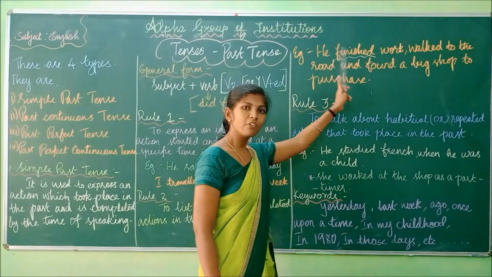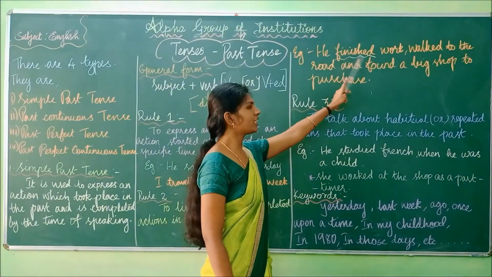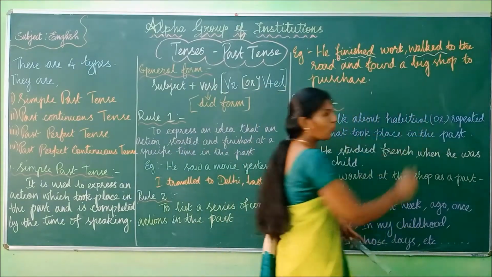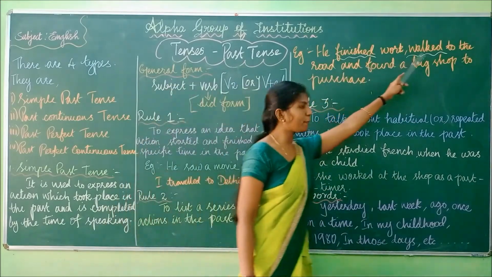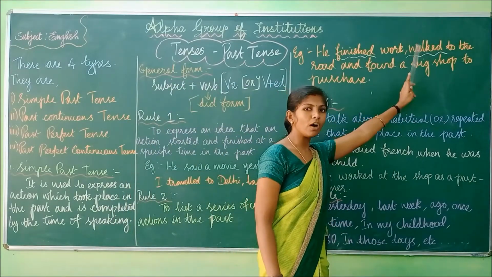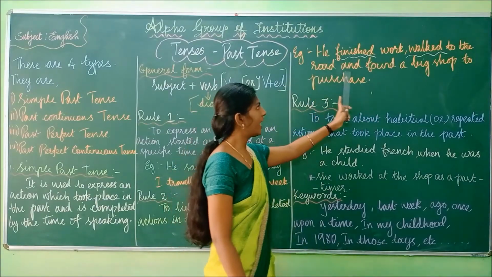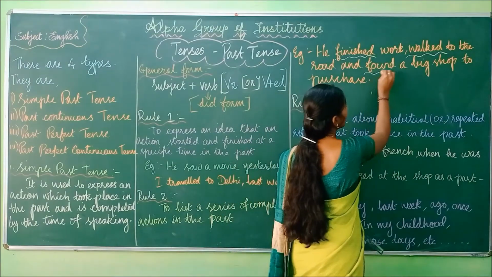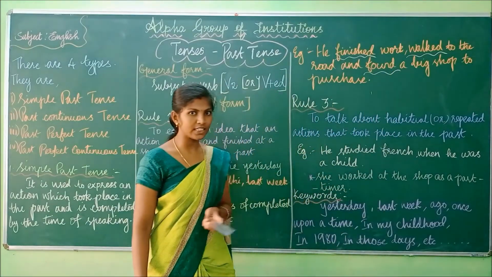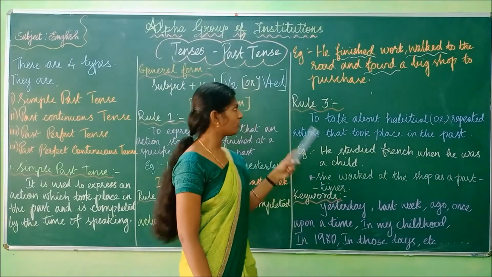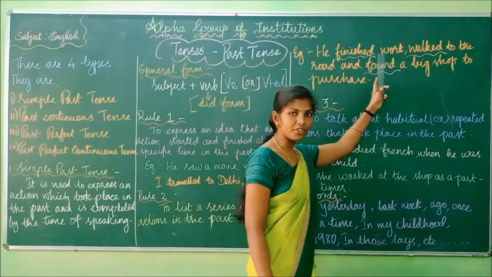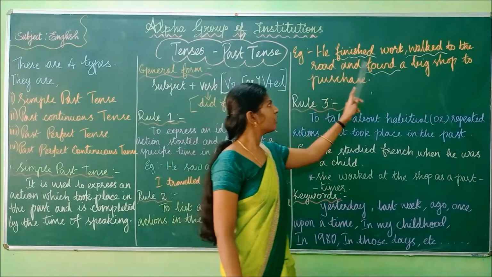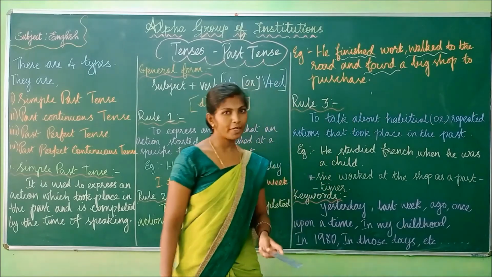So he finished. Finished, verb plus ed. He finished work, comma. Next one, walked to the road. Walk plus ed. And found a big shop to purchase. Which is the past verb here? Found. Find past tense is found. So he finished work, walked to the road and found a big shop to purchase.